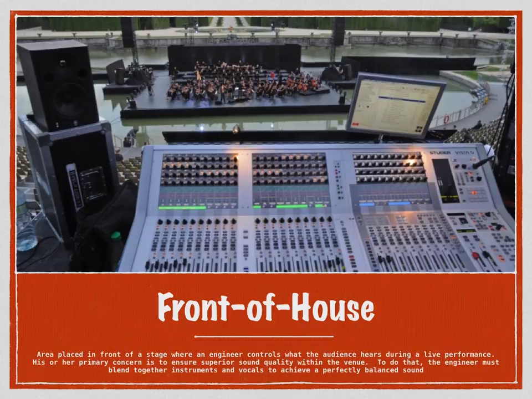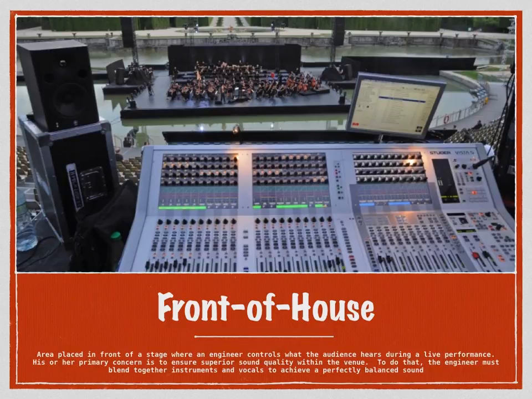So besides the front of house, there's another spot that's usually next to the actual stage. There's people either on the side or behind the stage that monitor the sound that each instrument or each voice is doing.